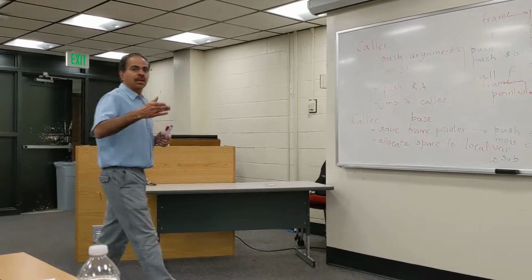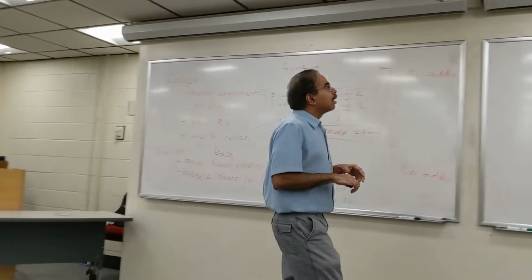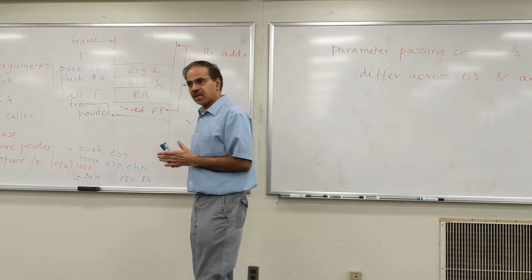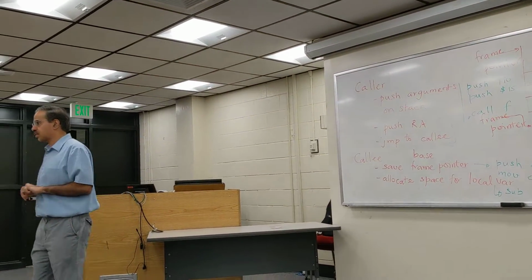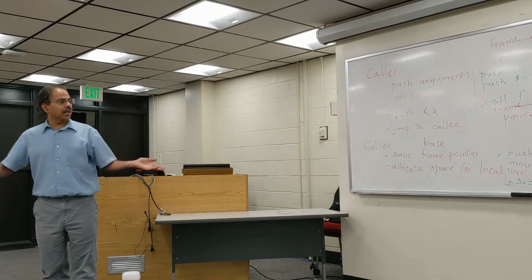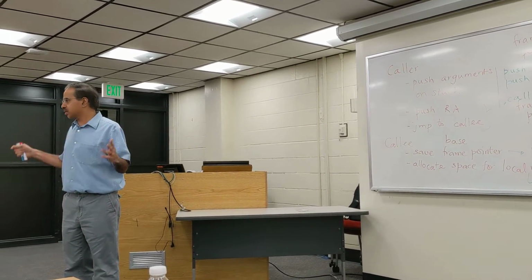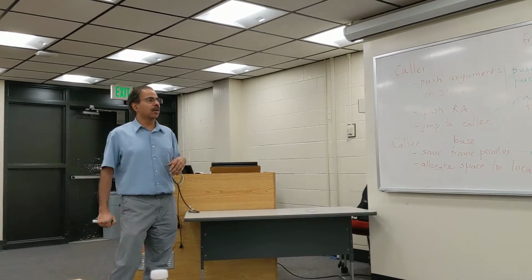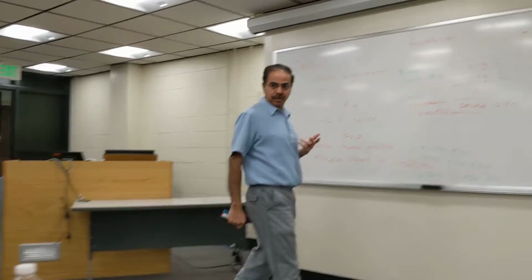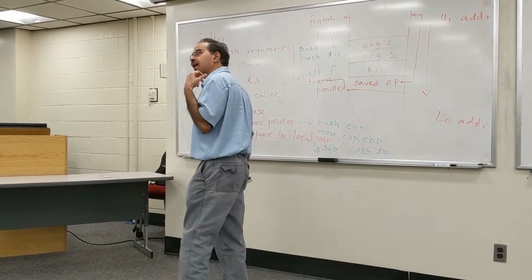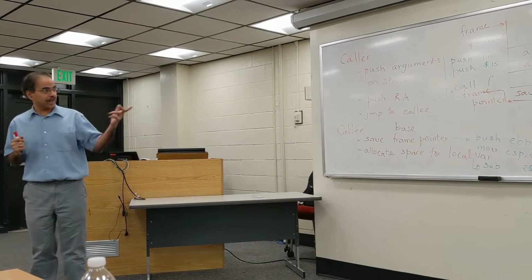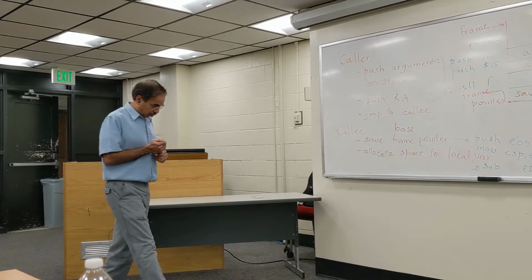Coming back to your question, there are operating systems and architectures where the convention is that you put the parameters in registers. For instance, your A register contains the first parameter, and B register contains the second parameter, and things like that. On RISC architectures, reduced instruction set architectures, ARM for instance, the more common thing to do is to pass arguments using registers.